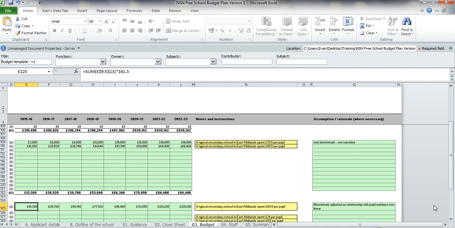And then what I will do is front load, starting in the first year with £68,662. And this is based on my own benchmarking calculations. Let's do that.